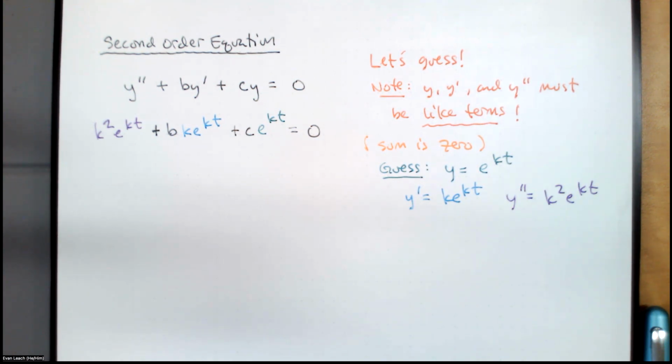We're trying to figure out the values of k that will make this guess work. Notice that the three terms, we're adding them all up to 0. We have like terms with this e to the kt. So let's factor out the e to the kt.